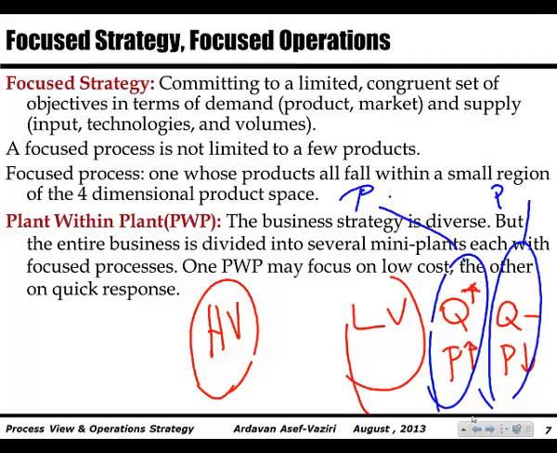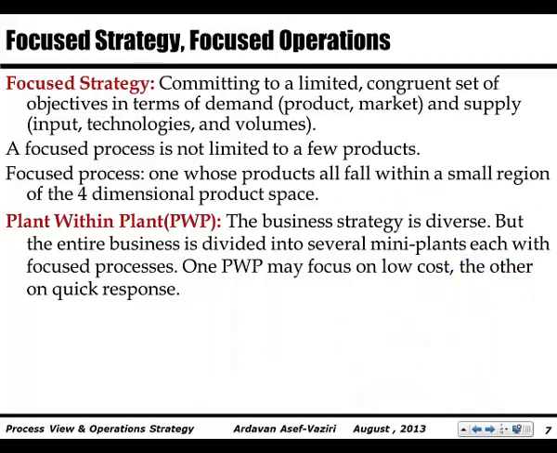This one should be under one management, this one under another management. And that is what we call plant within plant. Therefore, the business strategy can be diverse, but the entire business is divided into several mini plants, each with focused processes. One plant within a plant may focus on low cost, the other may focus on quick response time.